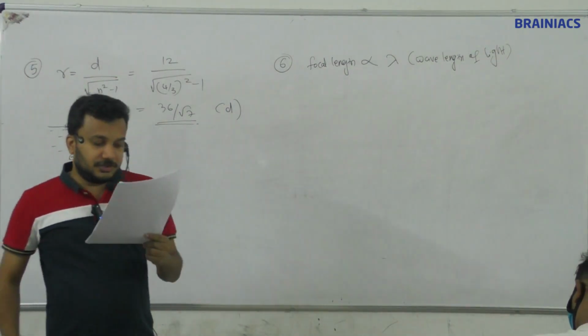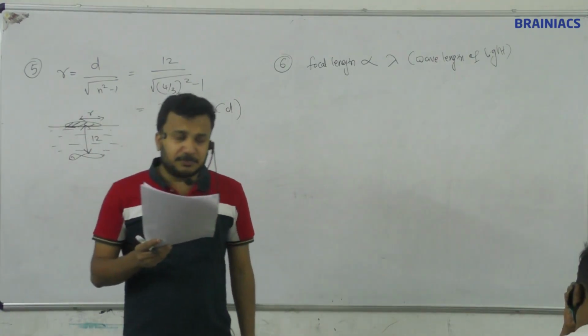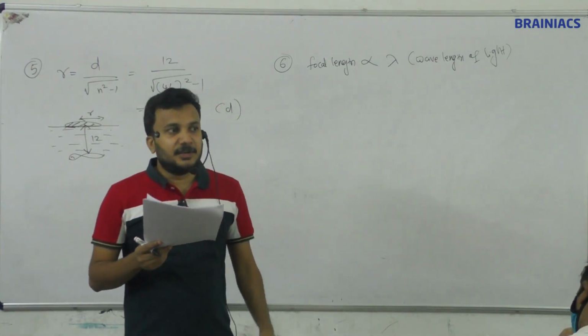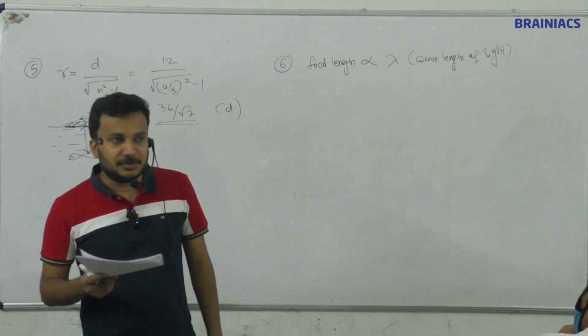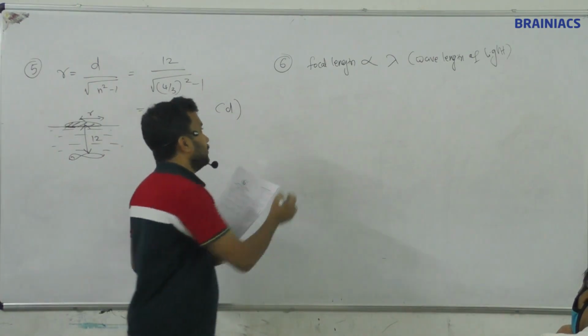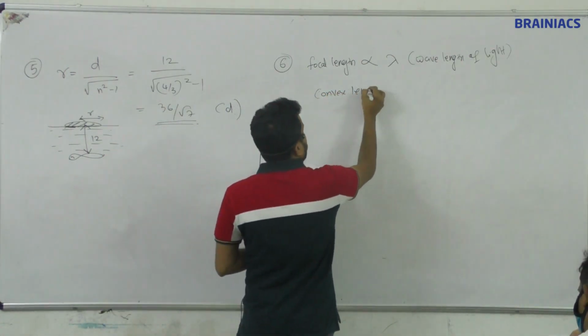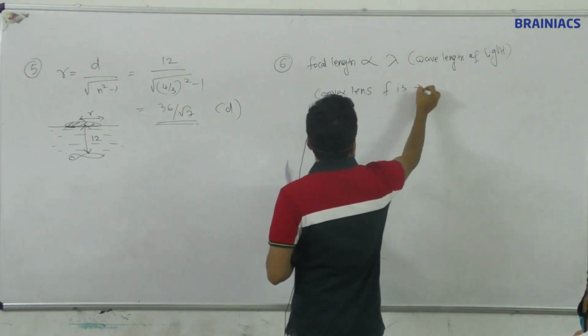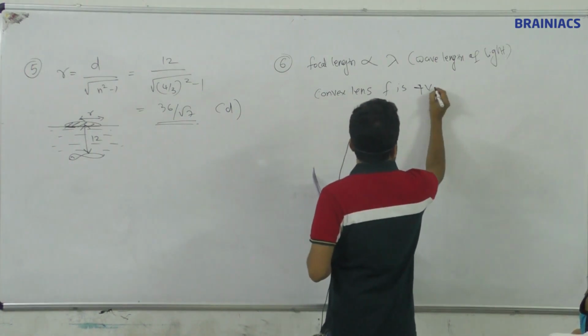In the first question, small fv and fr will be there. This is for which lens? Convex lens. In a convex lens the focal length is positive.